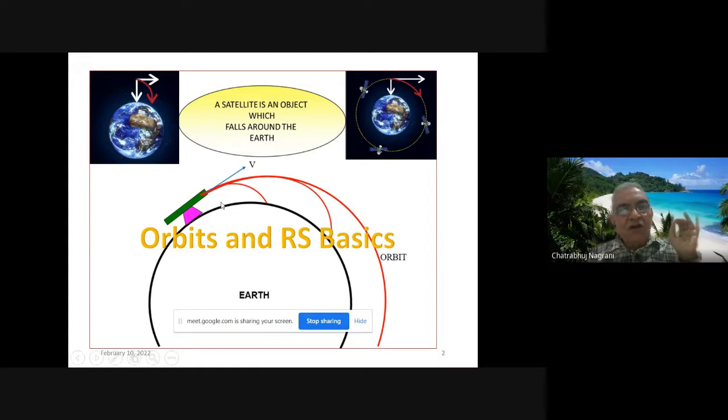So depending on the speed at which we send it, it will fall very near to the Earth or very far from the Earth. But if you calculate how much force we have to apply for it to go round the Earth, so that the curvature of the Earth and the vehicle's path coincide and they go down equally, then it will become a satellite.